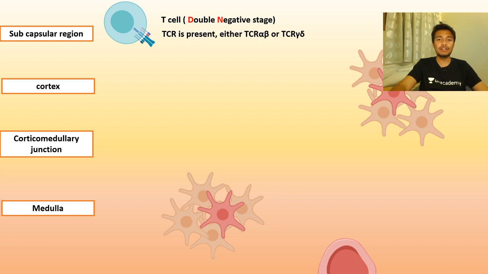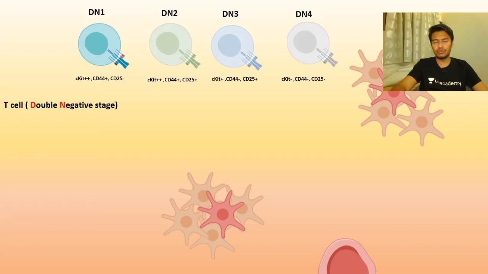At this particular stage, TCR is present. There could be alpha beta type of TCR or gamma delta. Gamma delta is a completely different type of T cells, which we don't want to talk about in this video. Now there are also different stages of T cell development, such as DN1, 2, 3, and 4.